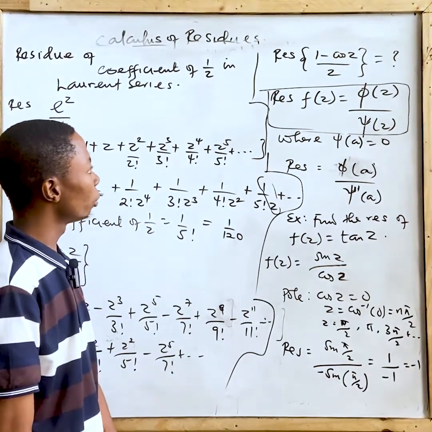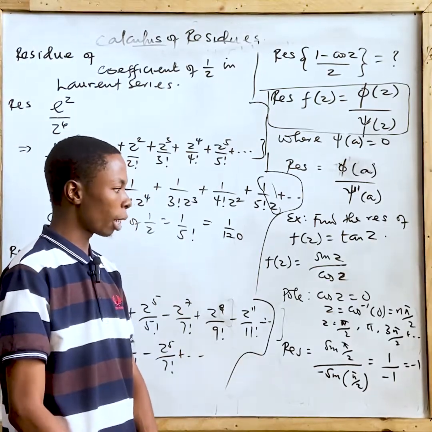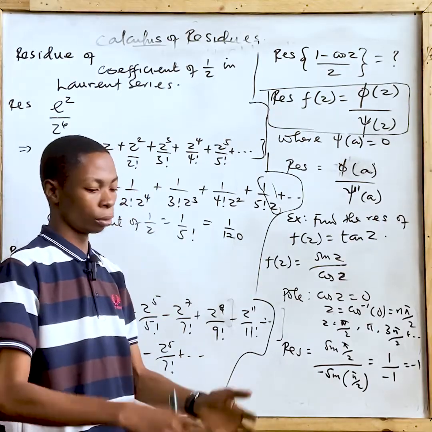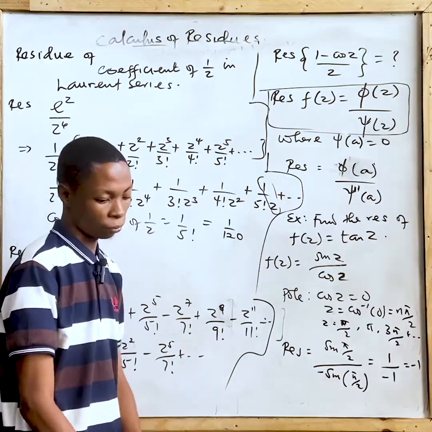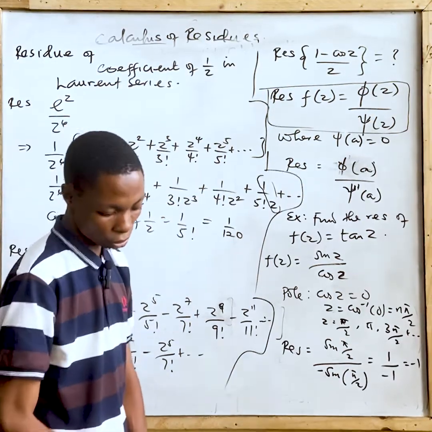Now, all the things we've learned, where are we applying them? We want to apply them to solve integration specifically. So the first things were how to sketch a contour, how to find poles, and how to find residues. Where we are going now is the residue theorem.